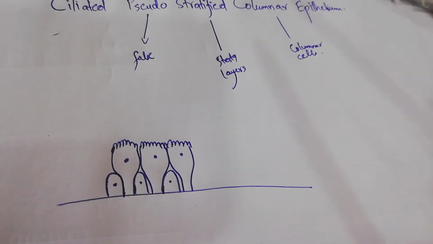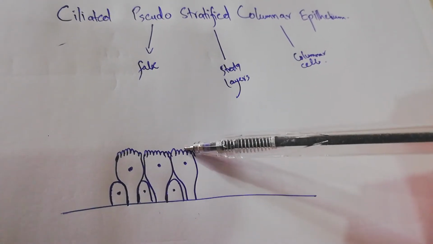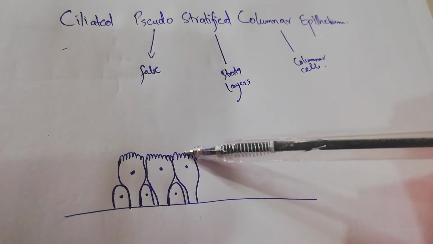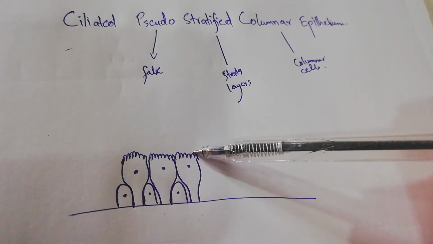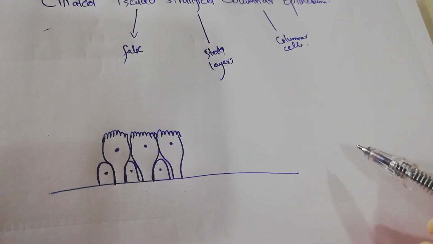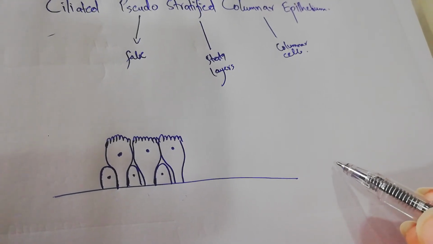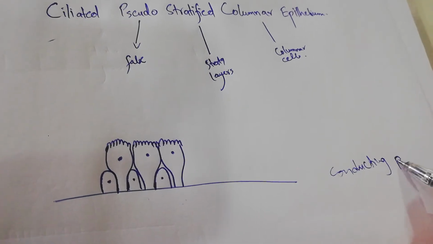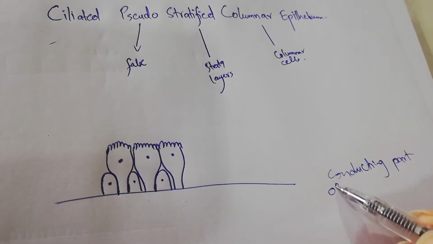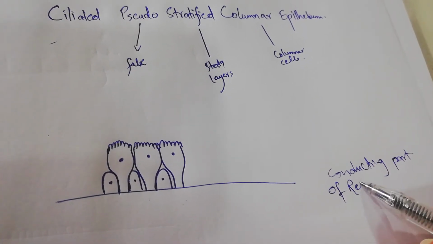Now the tall cells that are reaching the apical surface will have surface modifications, which are the cilia in this case, because we are talking about the conducting part of the respiratory system.